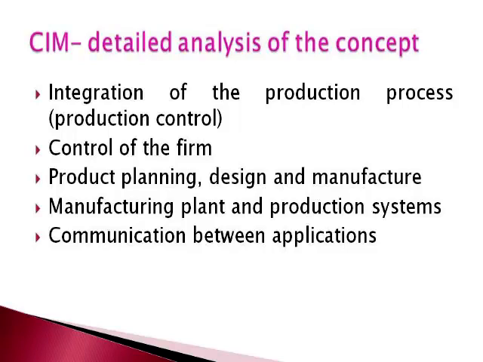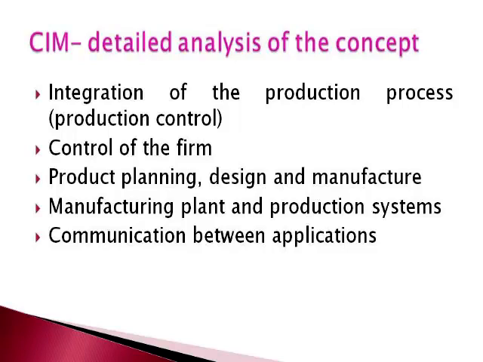CIM, integration of the production processes or production control and control of the firm. Also the product planning, design, manufacture, manufacturing plant and production system, and communication between these applications. See, networking is the backbone of CIM.